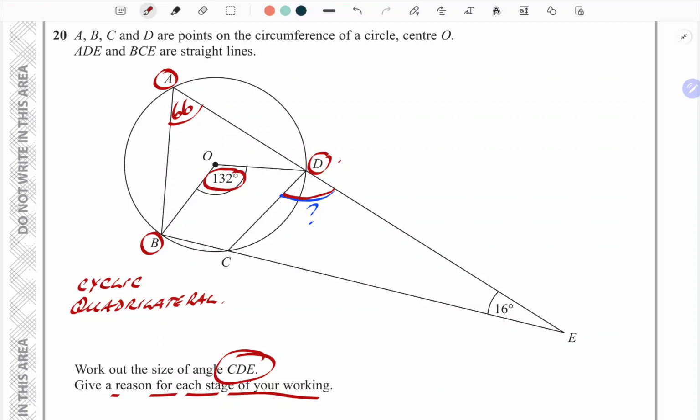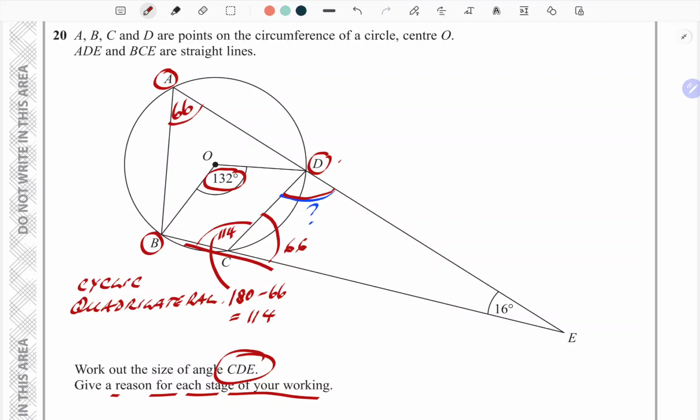So if this is 66, then this angle here is going to be 180 minus 66, and that equals 114. So 114 there. And remember, this is a straight line there. So this angle here must be 66.